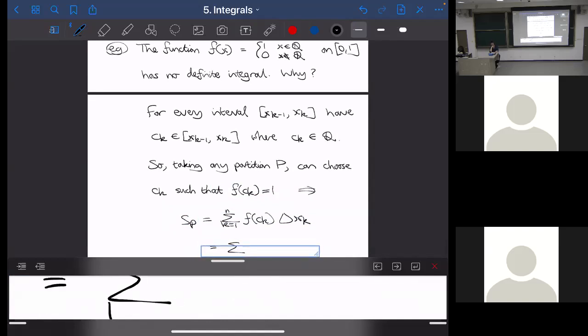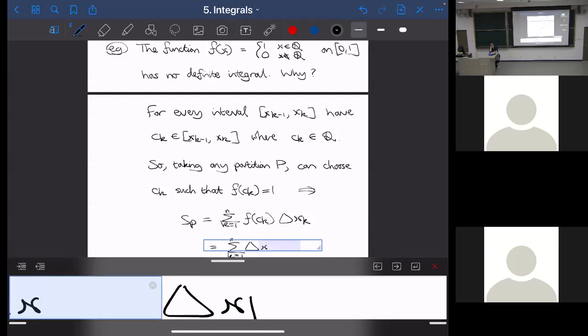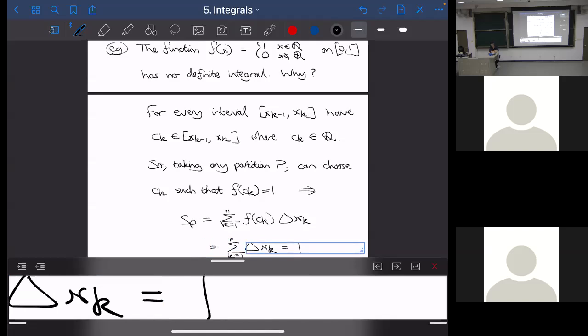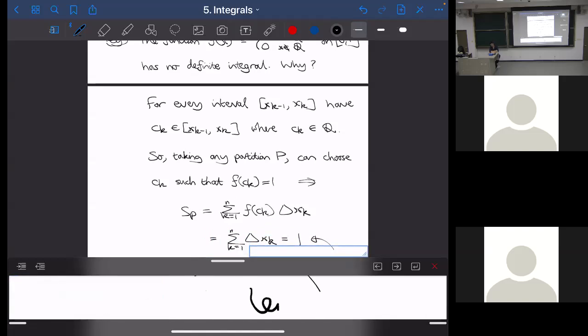Well, if all those are 1, then this is the sum of the length of all the intervals, and those add up to the big interval, 1. Because this is the length of the interval 0, 1.